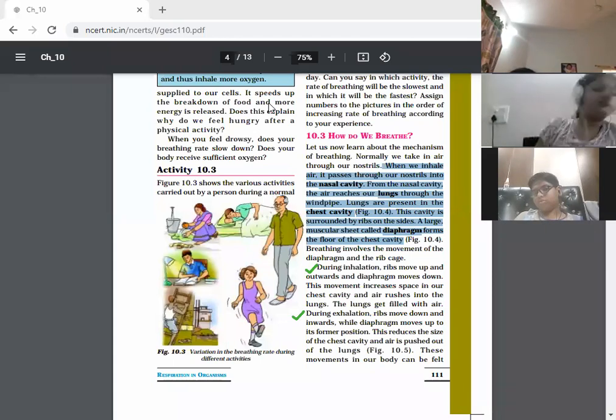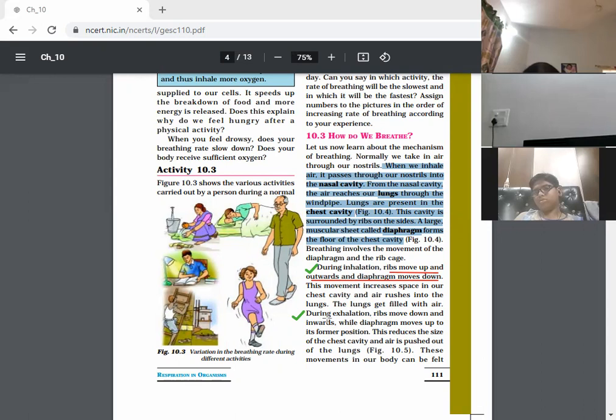It's very, very important, what happens during inhalation. During inhalation, ribs move up and outward, and the diaphragm moves downward. This movement increases space in our chest cavity and the air moves into our lungs.